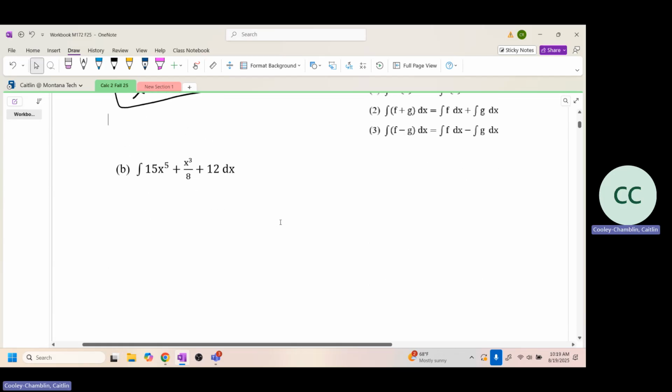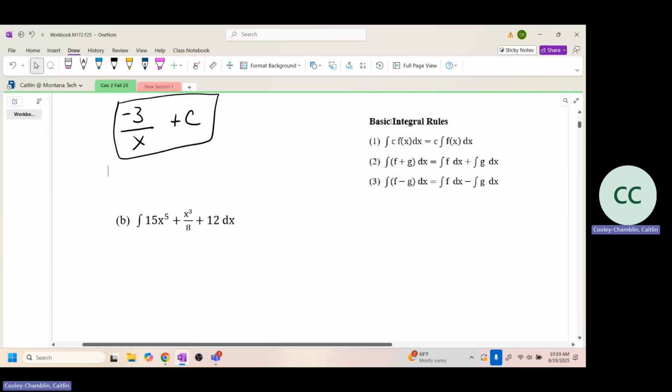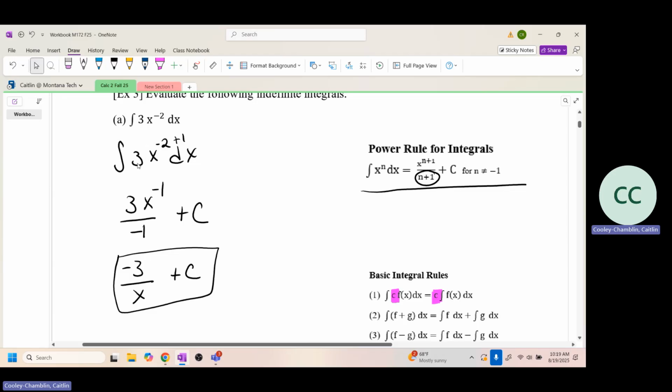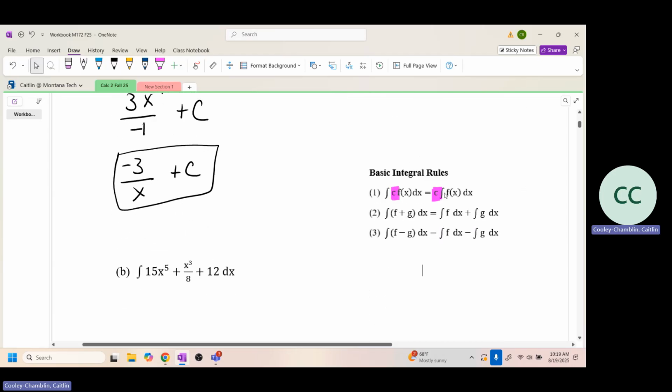So let's look at these basic integral rules. Number 1, we've already been doing. If there is a constant on the inside of that integral, we can bring it out. We've just been treating it like it's just there so far. But it's just a constant. It just comes along for the ride. You can bring it out and just integrate your f of x.